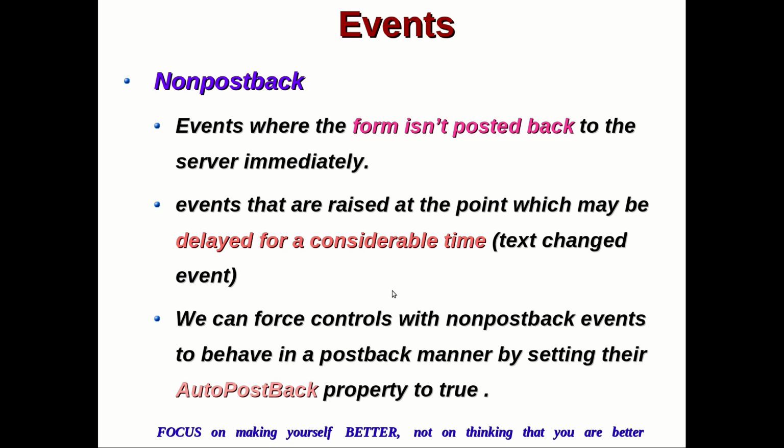Whereas the non-postback events are the events which can be delayed for a considerable time, and we have seen an example of text box change event which comes under the non-postback event. And if you want to make the non-postback event to be the postback event, that is also possible using a property called auto postback property.